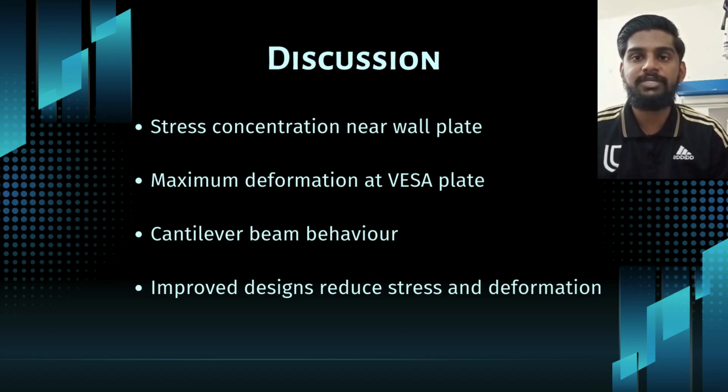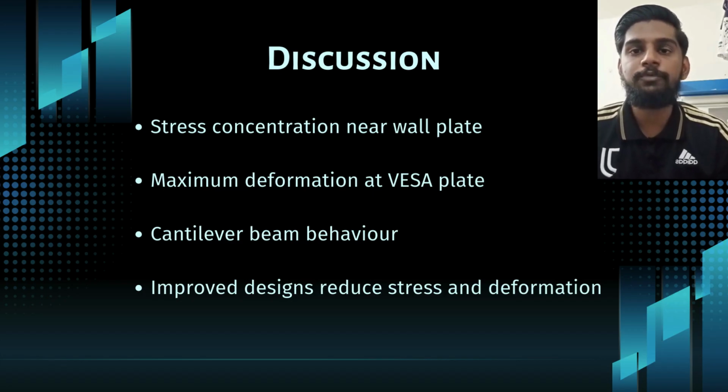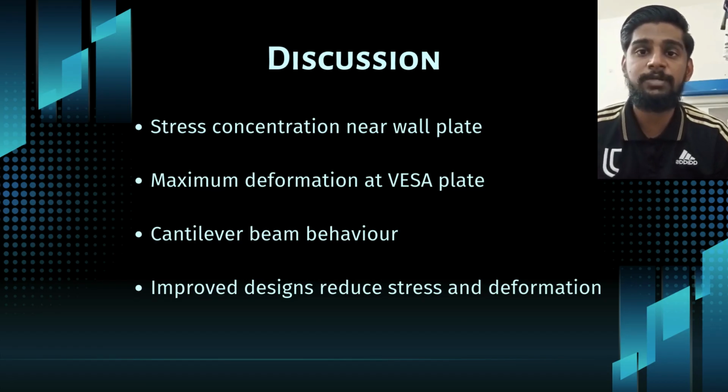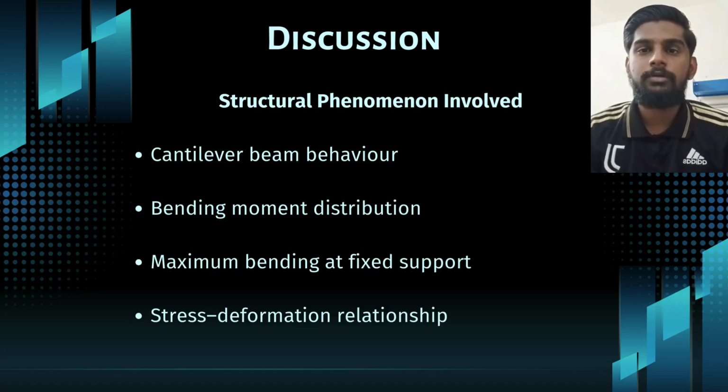In terms of deformation, design 1 reduces deformation by about 31%, while design 2 achieves a reduction of nearly 50% compared to the original design. These results clearly show that the proposed design modifications significantly improve the structural performance of the monitor support arm.